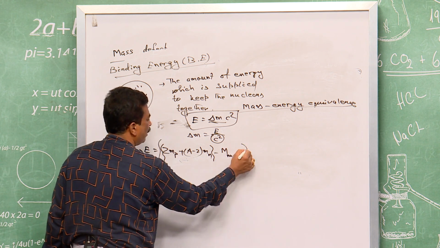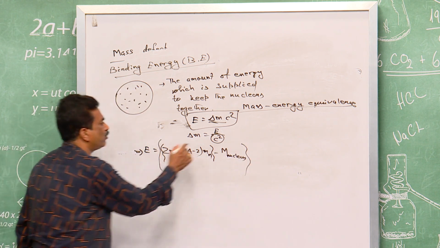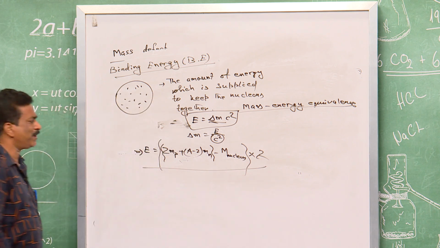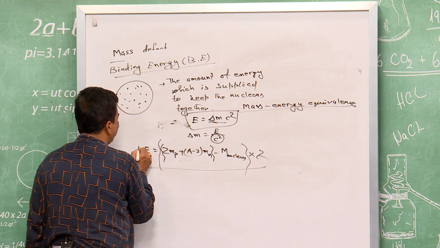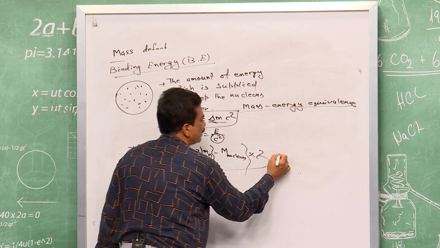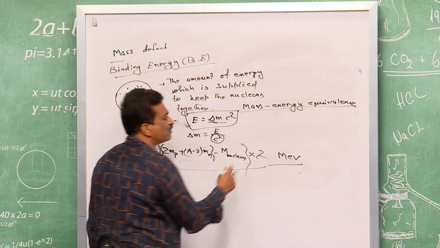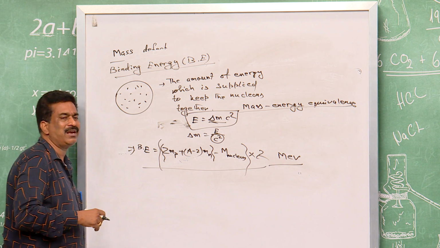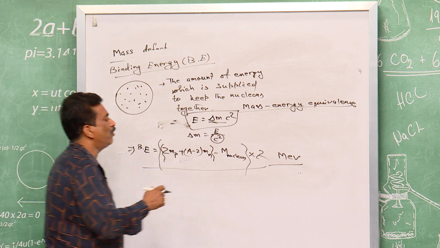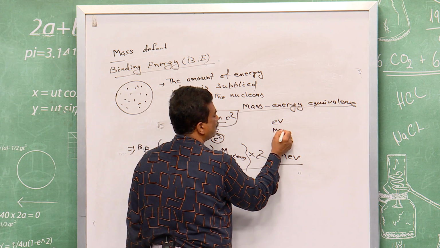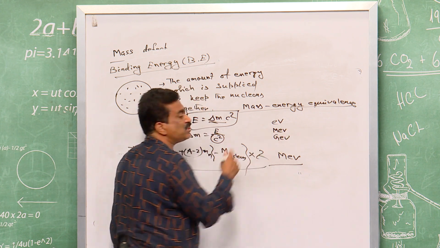This is delta M into c square, and this is the expression of the binding energy. Binding energy will be this much, and this energy is always expressed in MeV. As I said earlier, for the energy level we have three units: one is eV, one is MeV, one is GeV.